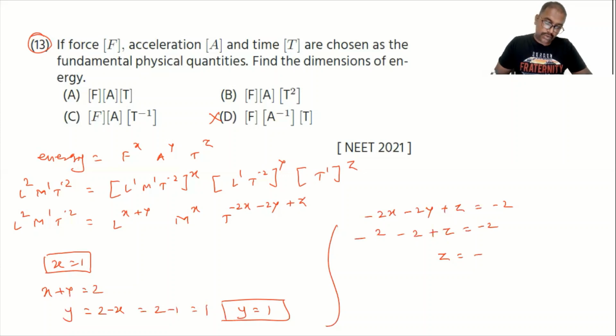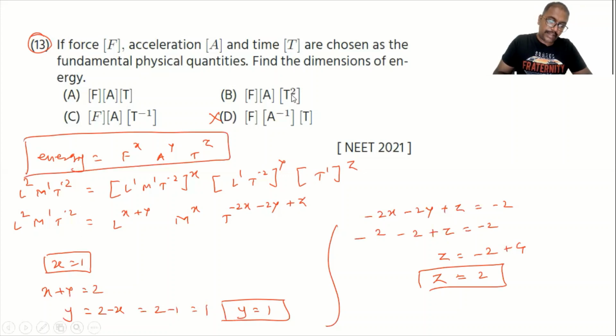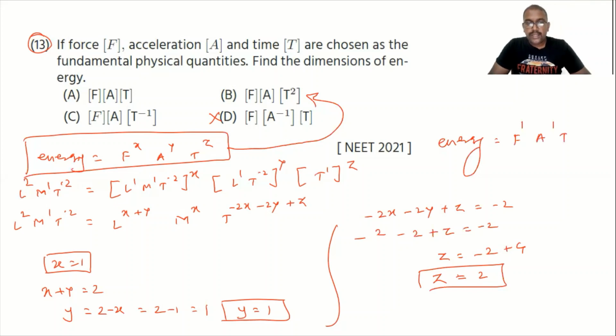So t raised to 2. If you use this formula, then we get the correct option. So energy is equal to F raised to x means 1, A raised to y means 1, and T raised to z means 2. So it is written in option B. So option B is the correct answer.